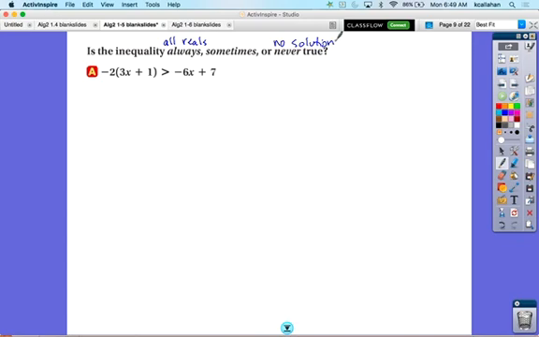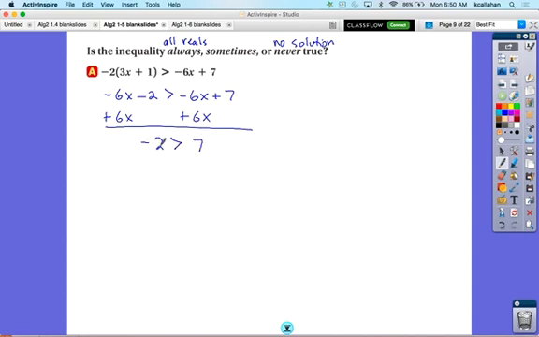Okay, so let's see what happens if I try to solve this inequality. First step, distribute. Negative 6x minus 2 is greater than minus 6x plus 7. Add 6x to both sides. Okay, these cancel. Negative 2 is greater than 7.